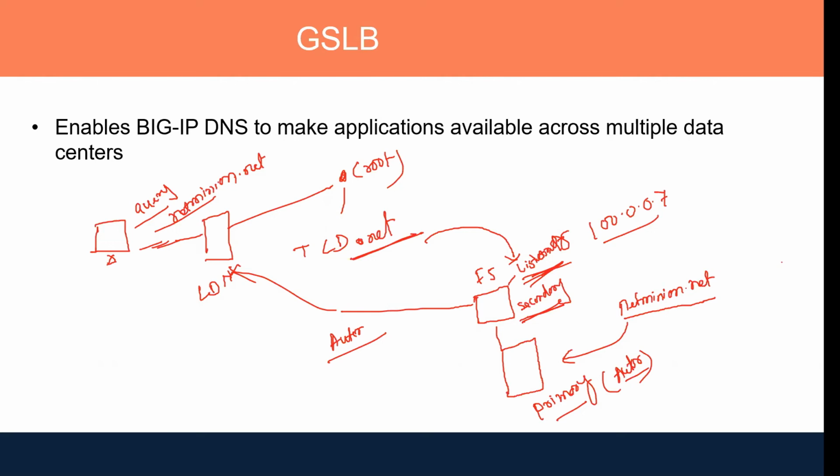Name server means the server which would be resolving the name. So that name server becomes the authoritative DNS server. Yes, right. And then the query would not come to the primary.